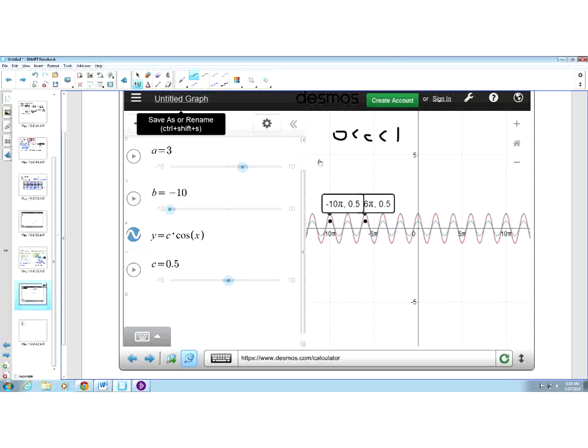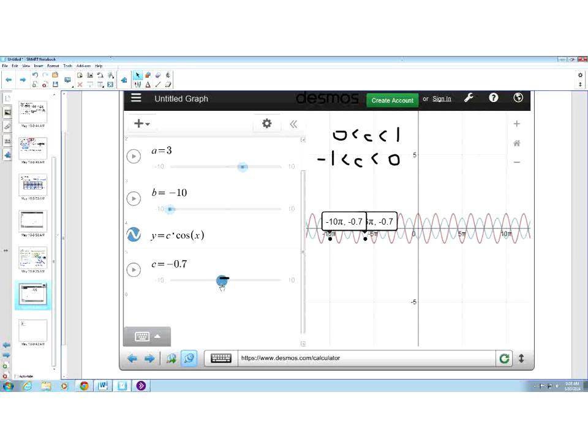Now, if we have this condition on c, the graph is shrunk vertically, and since c is less than 0, it's reflected about the x-axis. So watch again what happens when c is between -1 and 0. You see the blue curve? It reflected about the x-axis and it shrunk.